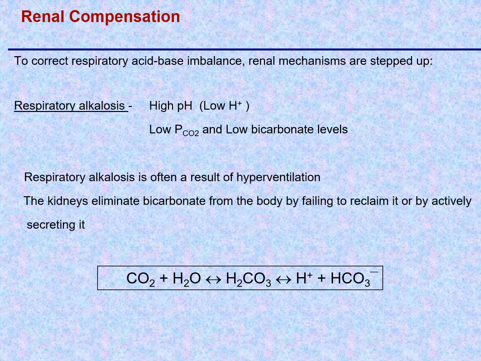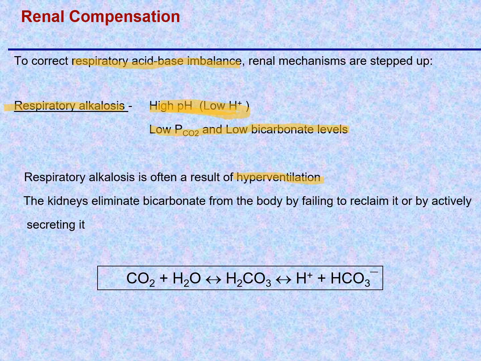In terms of renal compensation for respiratory acid-base imbalance that leads to respiratory alkalosis, here typically the respiratory system is acting to cause a high pH, and that's a result of hyperventilation. They have alkalosis, an abnormally high pH. They're hyperventilating, blowing off too much CO2, so the PCO2 will be low, and bicarb levels will be low.